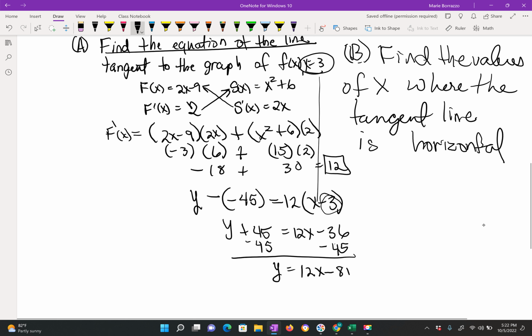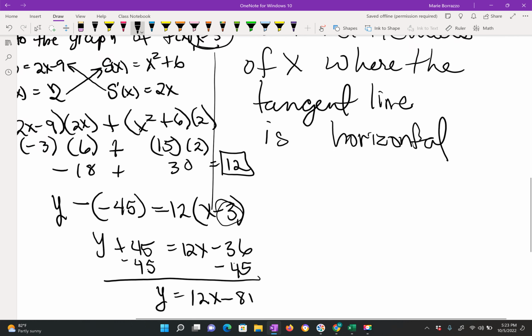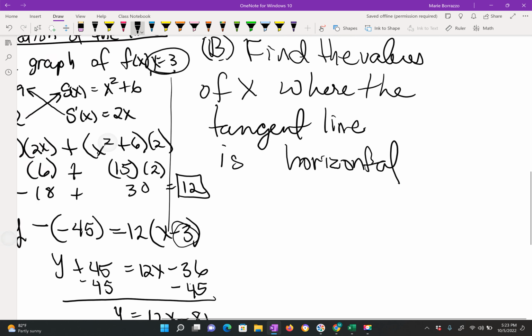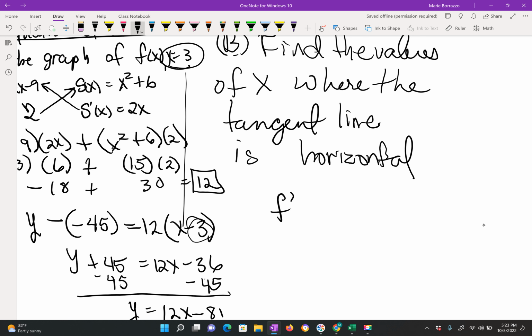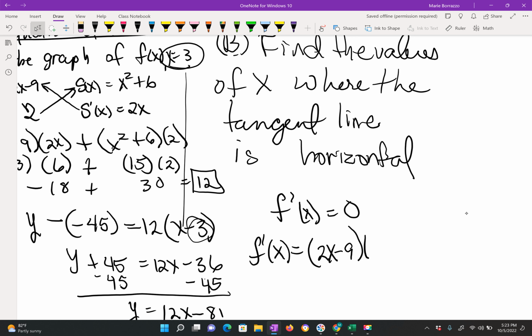So we could factor this. That first derivative is equal to 0, by definition, right? So we're going to take that f prime of x, which is 2x minus 9 times the 2x plus the x squared plus 6 times 2, and set that to 0.